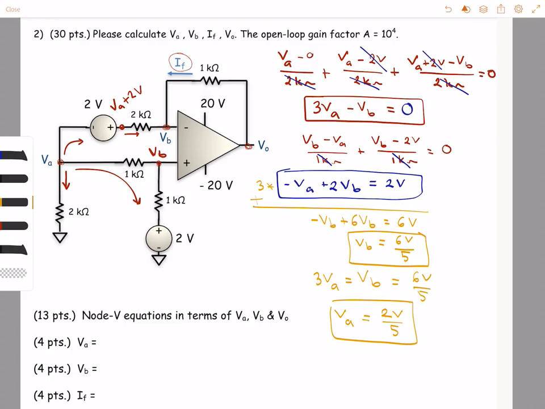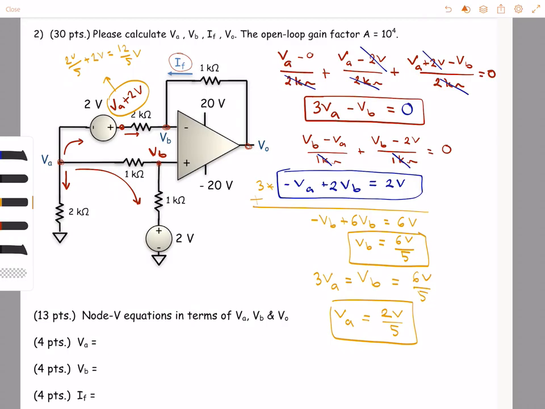We have calculated VA and VB. Now, if you know VA, you know what this voltage is here. This is 2 volts plus VA, which is 2 volts over 5 plus 2 volts. That makes 12 over 5 volts.